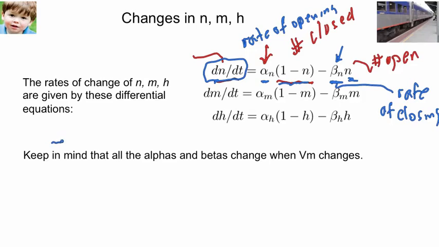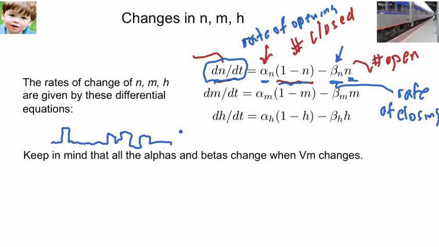I'm not drawing it too well, but you remember the randomness. So channels that were open, closed. Channels that were closed, opened. And so the number that is open or closed depends on the average values of alpha and beta, but individual channels continue to go through this opening and closing process.